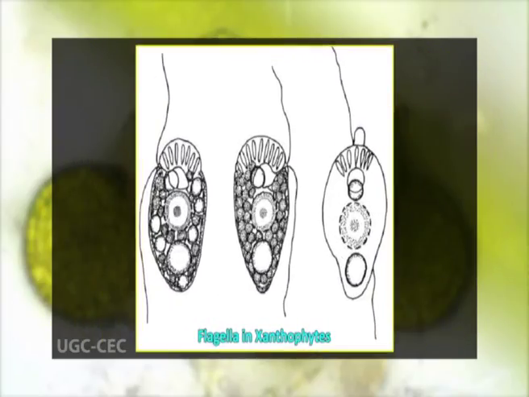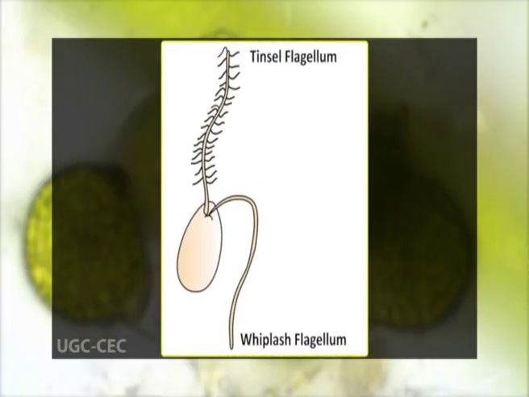The motile forms bear usually two flagella, but rarely one. The flagella are unequal and inserted at anterior end. The flagella are of two types. One flagellum is very large and is whip-like, and the other is short and has lateral outgrowths, having hair-like appendages.